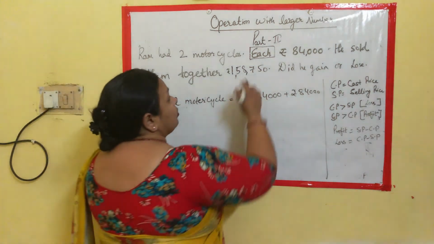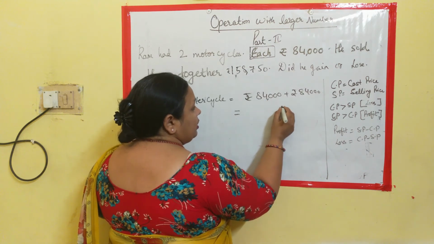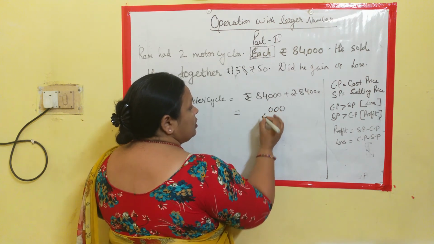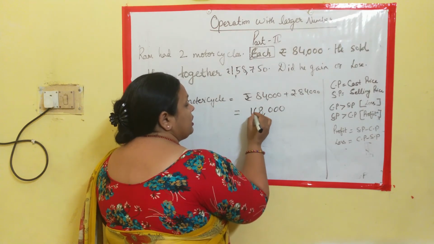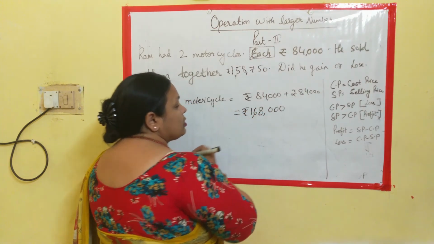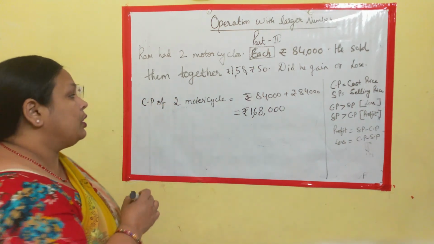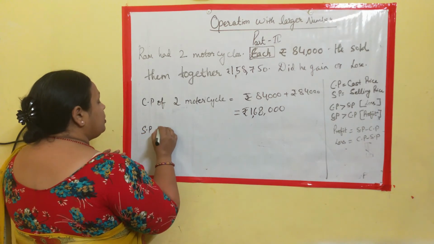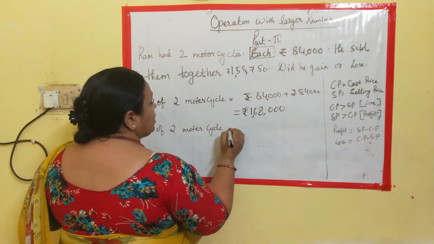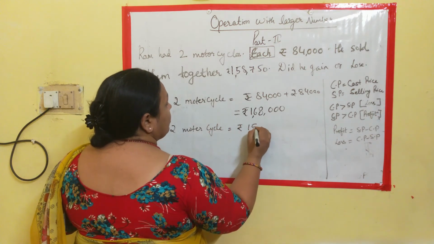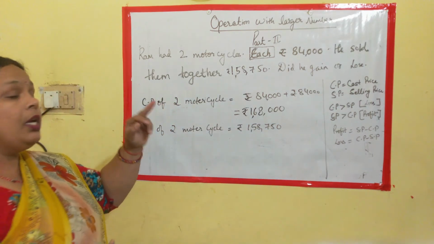Clear? Now we will add these two numbers, that is 1,000 and 1,000. 4 and 4 is 8, 8 and 8 is 16. So what we got is cost price of 2 motorbike is 1,68,000, and whereas the selling price of 2 motorcycle is equal to rupees 1,58,750. Our question is, did he gain or lose?